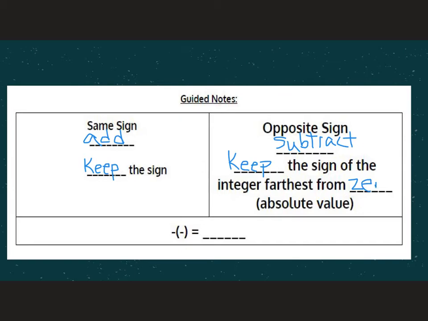We don't pick the bigger one, we keep the one that has the largest absolute value, farthest from 0. Whenever you see something that looks like this, really, that's a negative times a negative, or I'm adding the opposite of what's there. So this forms a positive integer. And we will review that.